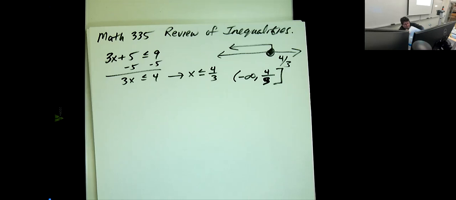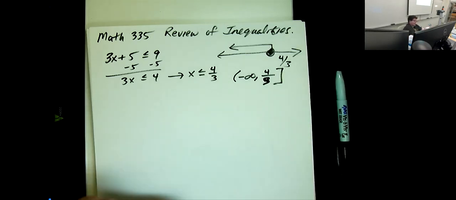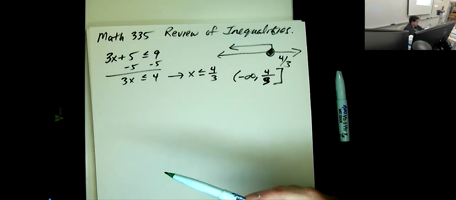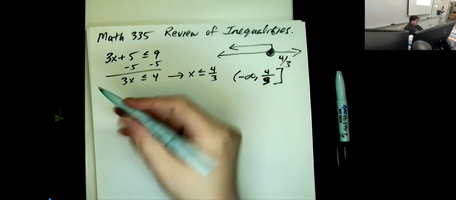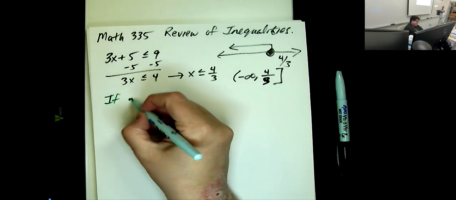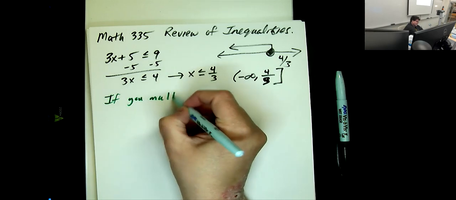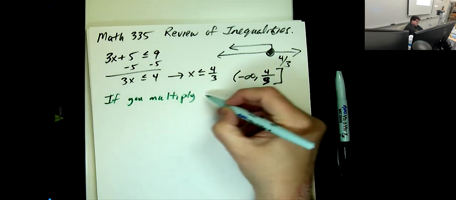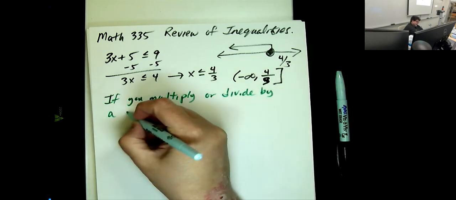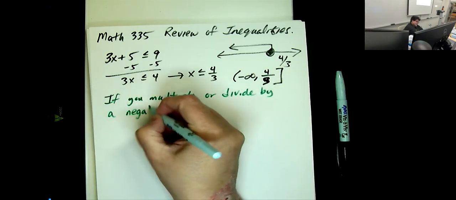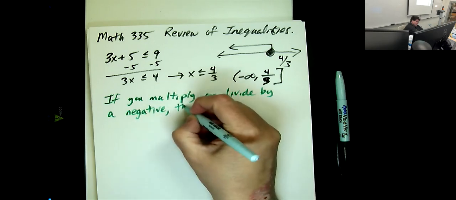That's just a quick reminder because it's Tuesday. I'll give you guys some problems to work on yourself. Keep in mind that if you multiply or divide by a negative, the inequality has to flip.